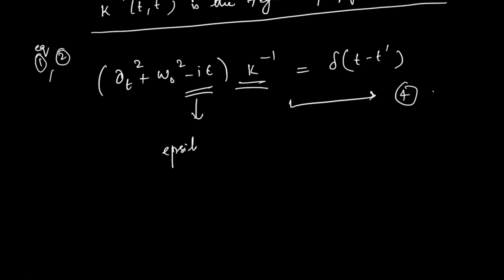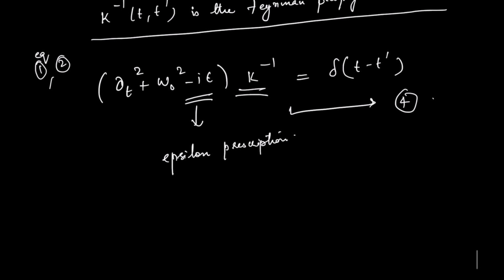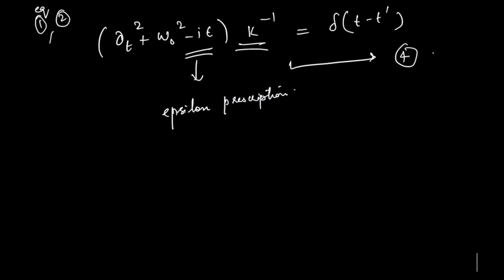If you remember, when we discussed the Feynman propagators, we discussed singularities and how to remove them, and there we discussed the epsilon prescription technique to overcome the singularities. So the epsilon in equation number 4 is the epsilon of the epsilon prescription of the Feynman propagator, and it can be recovered through the same procedure.